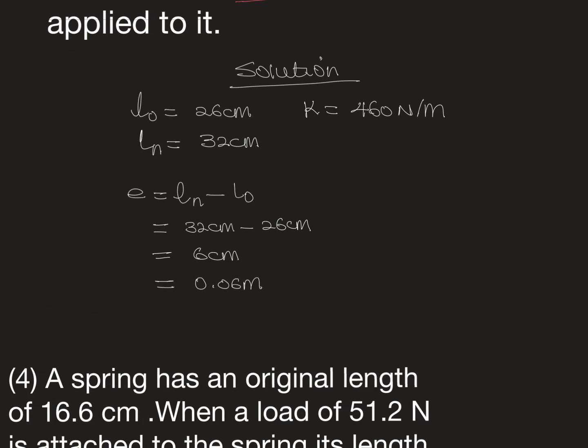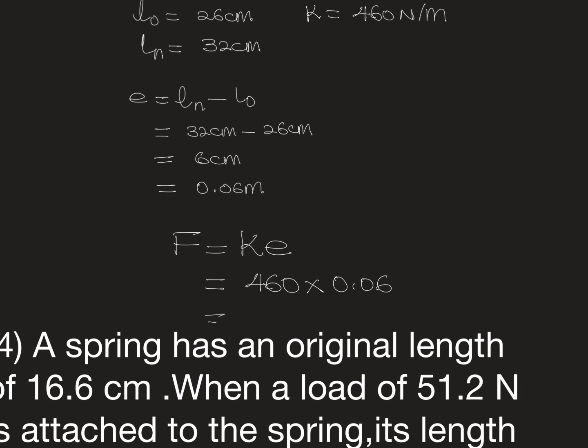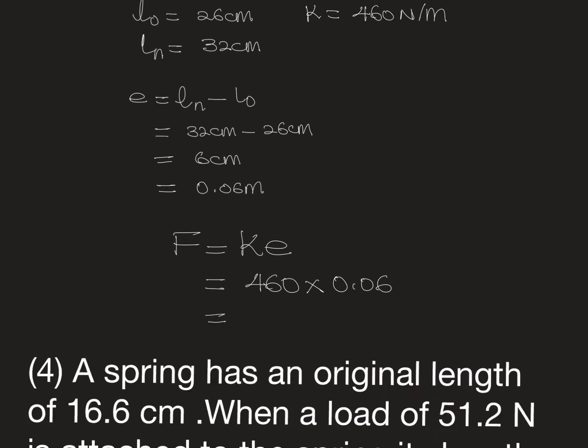The question is asking us to find the force that was applied. So force is equal to KE. The spring constant is 460 multiplied by the extension 0.06. That will be 27.6 newtons.